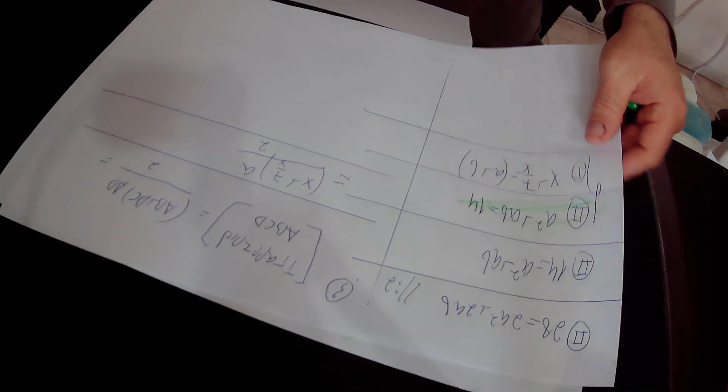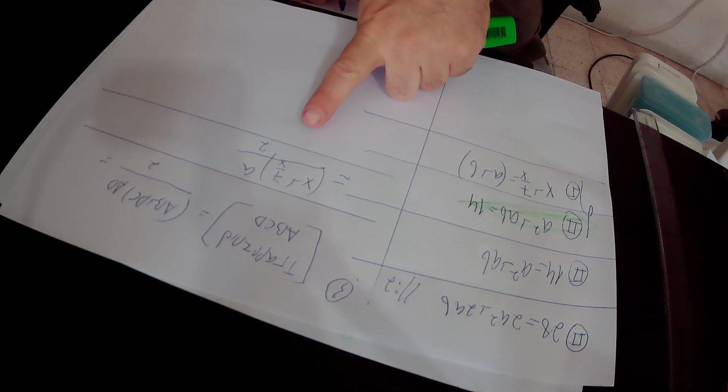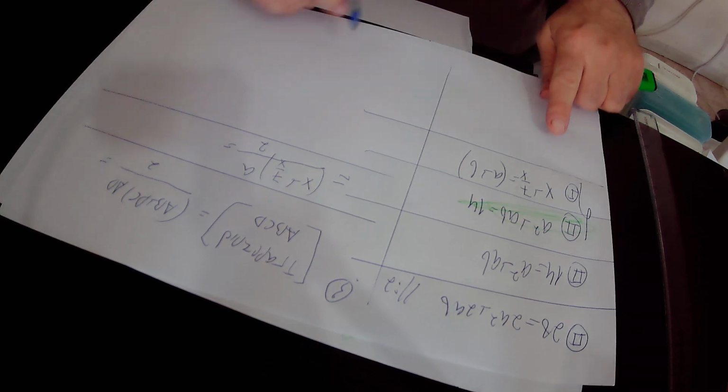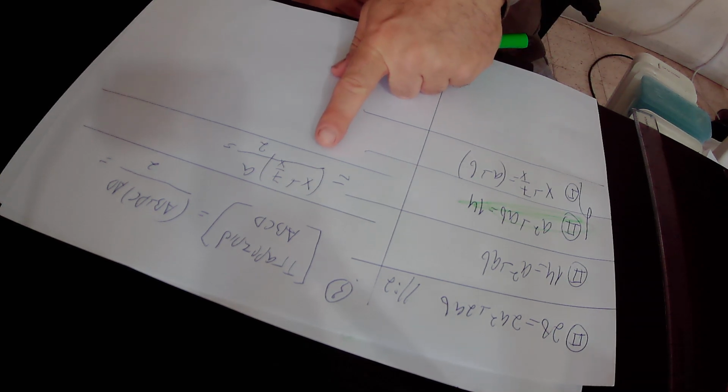So in conclusion, the area of trapezoid ABCD equals x plus 7 over x times a over 2. But according to equation 1, x plus 7 over x equals a plus b. Therefore, we can substitute x plus 7 over x in this expression by a plus b. We will do it now.